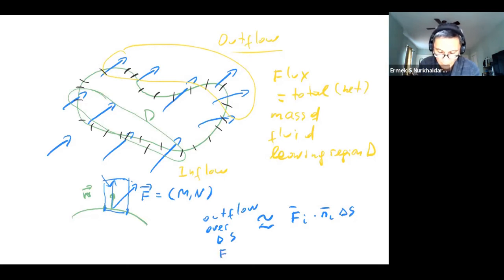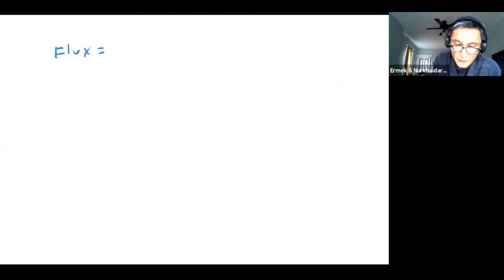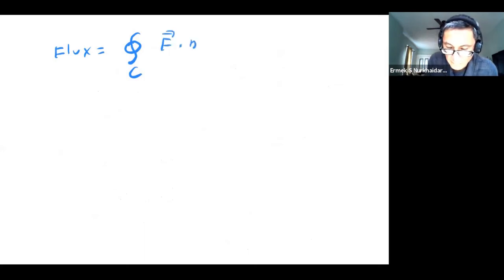So flux approximately is going to be equal to the sum of F_i dot n_i delta s_i, i from 1 to n. And if I move on to the next page, flux is going to be equal to the closed integral, taking the limit as the number of segments approaches infinity. So we're going to have the integral of F dot n ds.